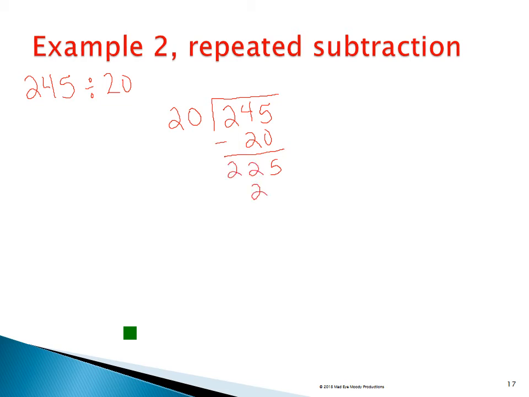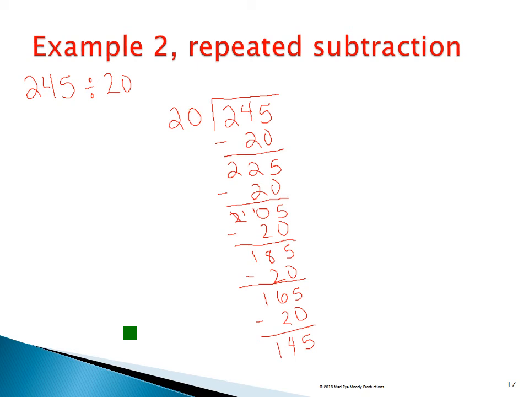So that's once, twice, here's 3 times, 4 times, 5 times.